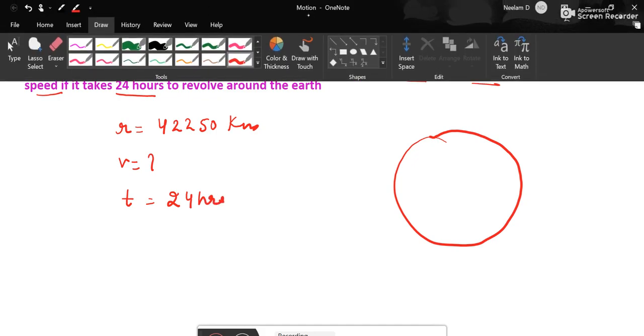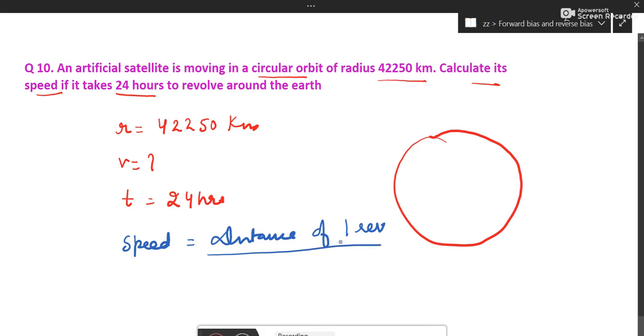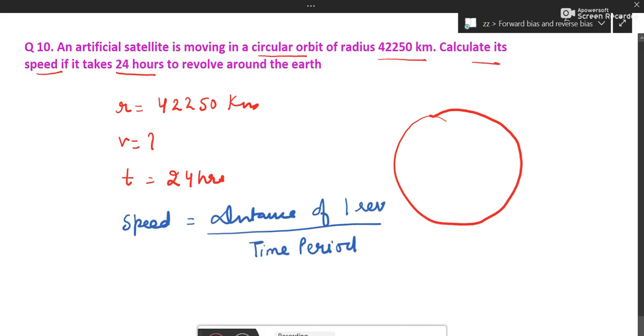So it is so simple. Speed is to be calculated. So distance of one revolution divided by time period. Time period is the time taken to complete one revolution.